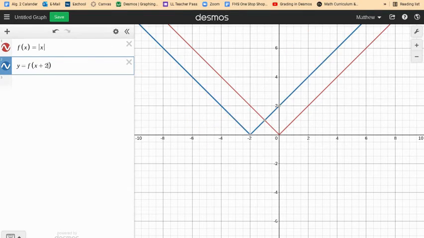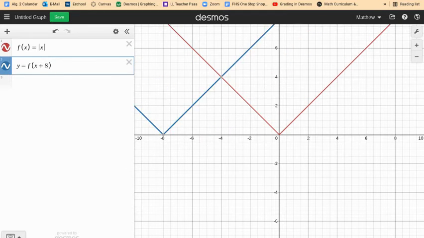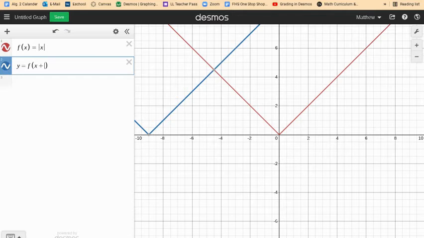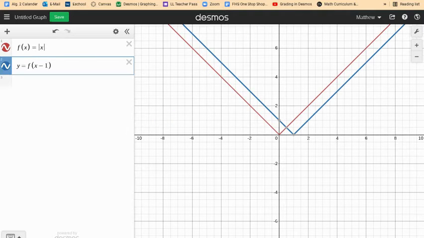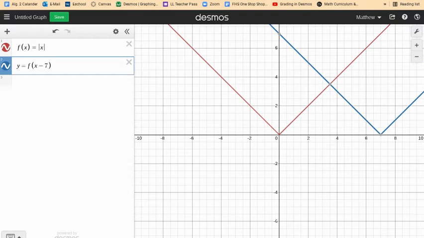I can change that number, but as long as it's plus, it's going left. On the contrary, if I subtract, then now it's going to the right by that many units, right? If I subtract 7, it will shift it to the right 7 units.